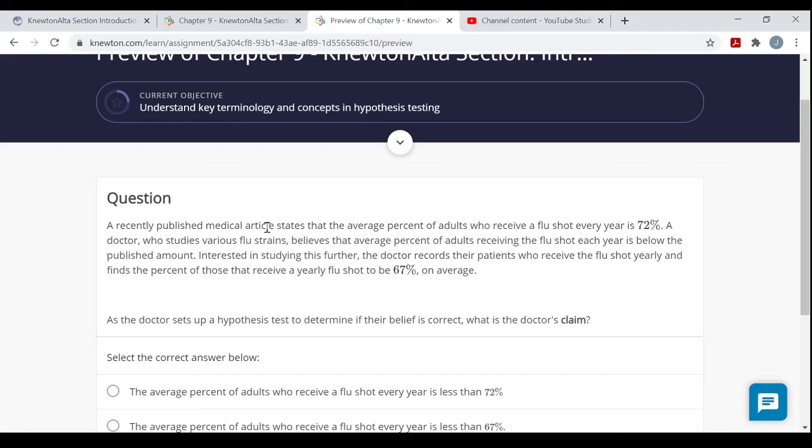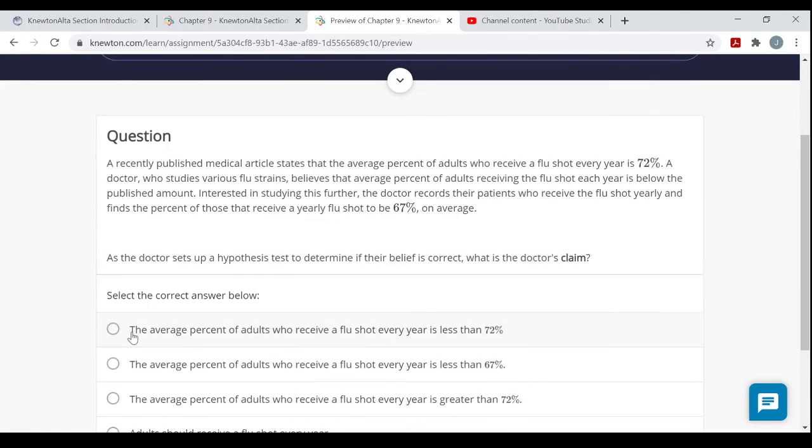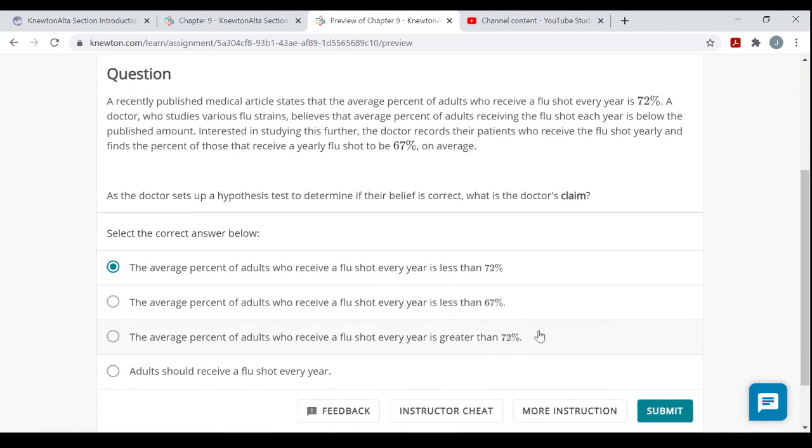So their claim would be that the average percent of all adults receiving the flu shot is below 72%, less than 72%. So that's this first statement here. The average percent of adults who receive a flu shot every year is less than 72%. That would be the claim.